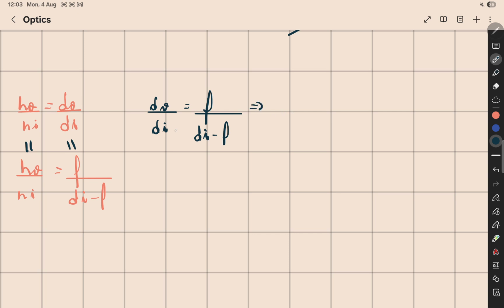If I invert both sides, turning the fractions upside down, I get the distance of the image divided by the distance of the object. Remember, I'm just flipping the fractions, okay? Equals di minus f divided by f.